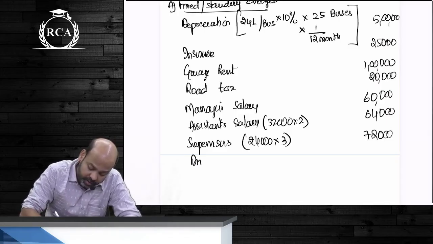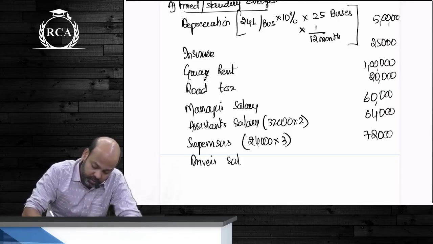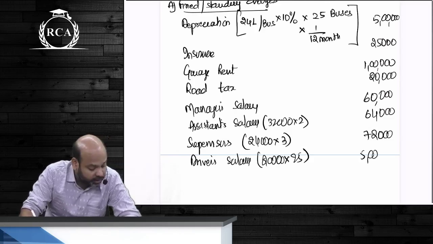Driver's salary, 20,000 multiplied by 25 drivers, 5 lakhs.